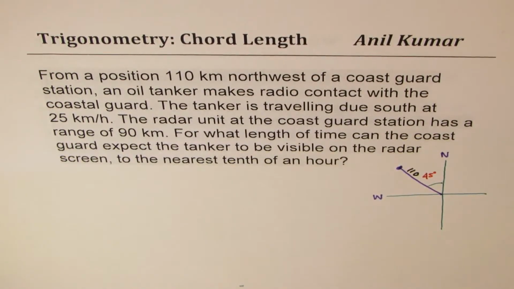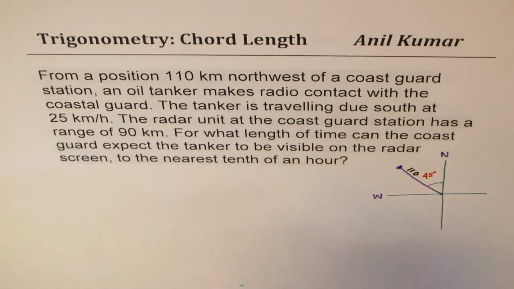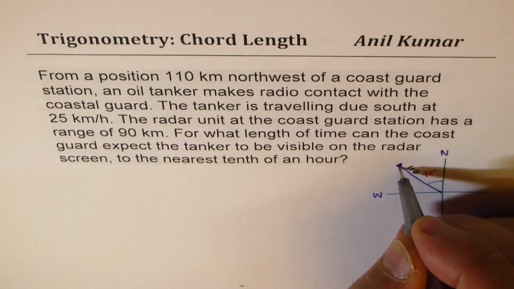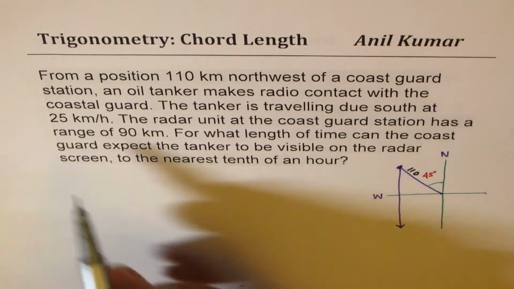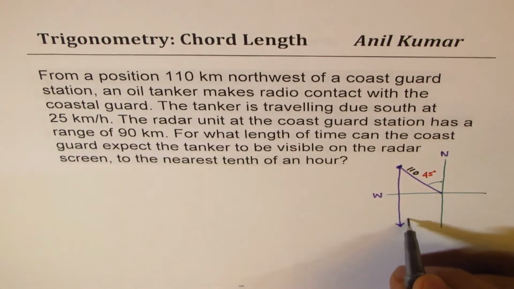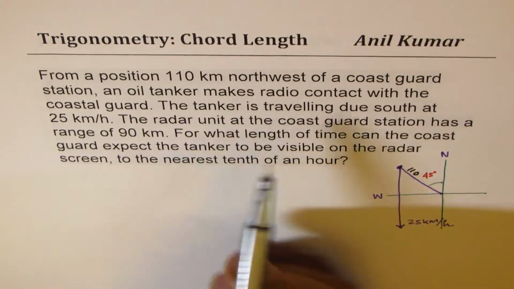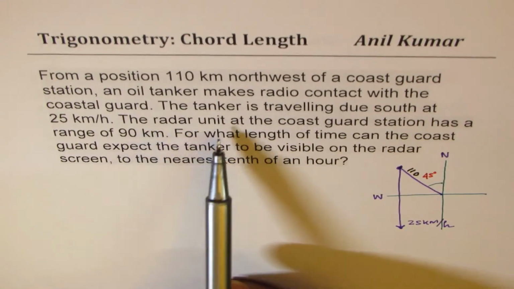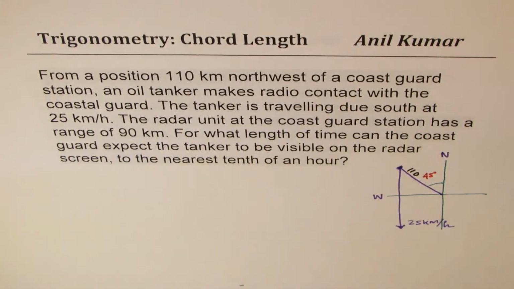An oil tanker makes radio contact and the tanker is traveling due south at 25 kilometers per hour. So it's moving like this, and the speed is 25 kilometers per hour. Now the radar unit at the Coast Guard station has a range of 90 kilometers. What does that mean?